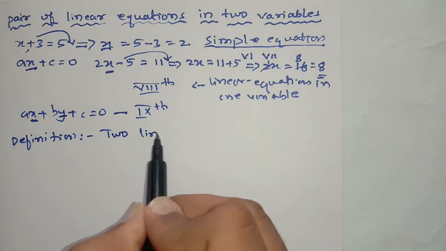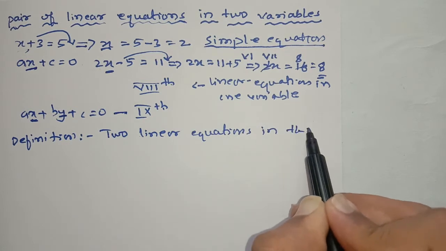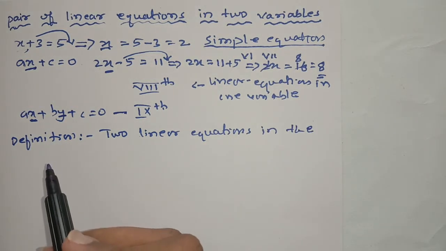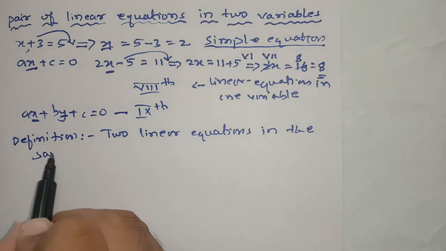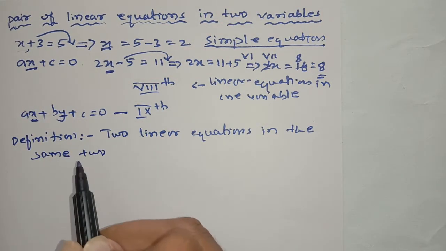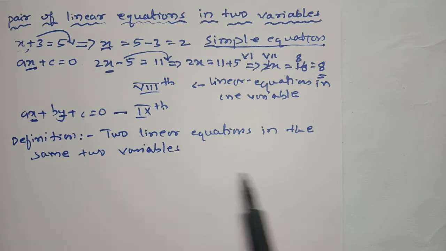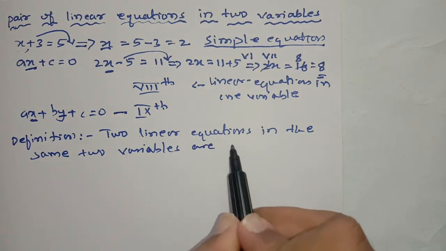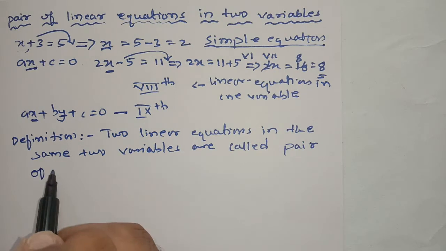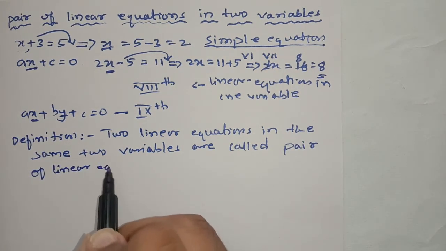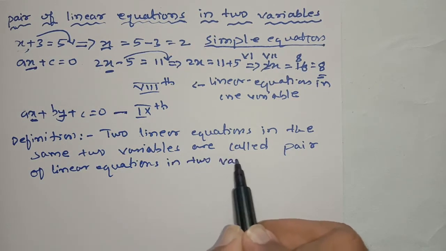Two linear equations in the same two variables are called a pair of linear equations in two variables.